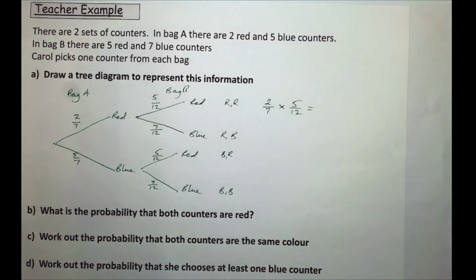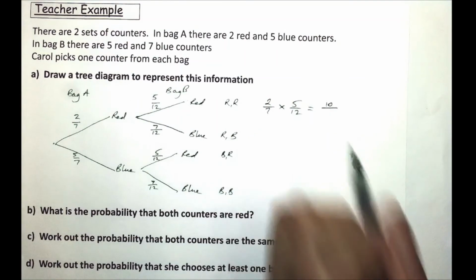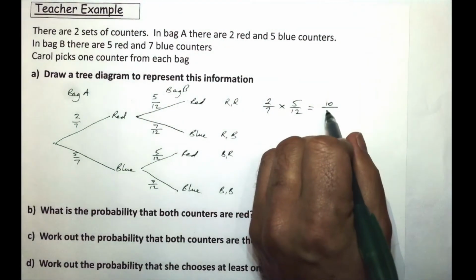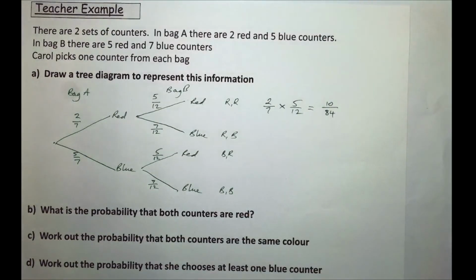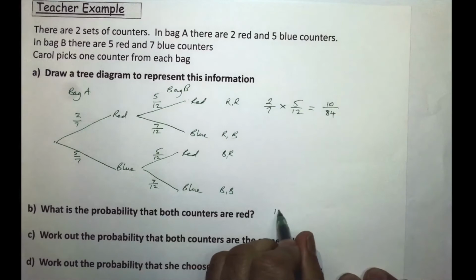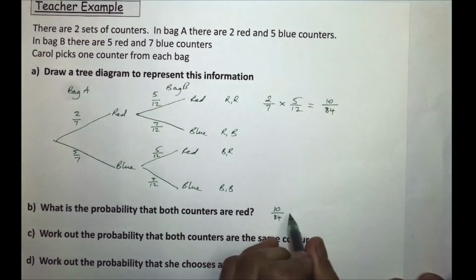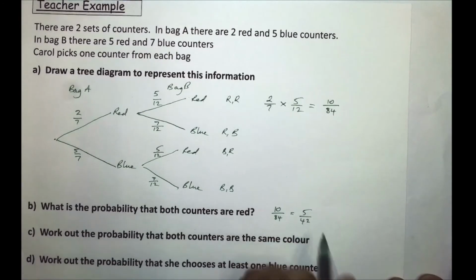So that will give me 10 divided by 7 times 12, which is equal to 84. And that's my answer. I can leave that answer as 10 over 84, or I can simplify it as 5 over 42.